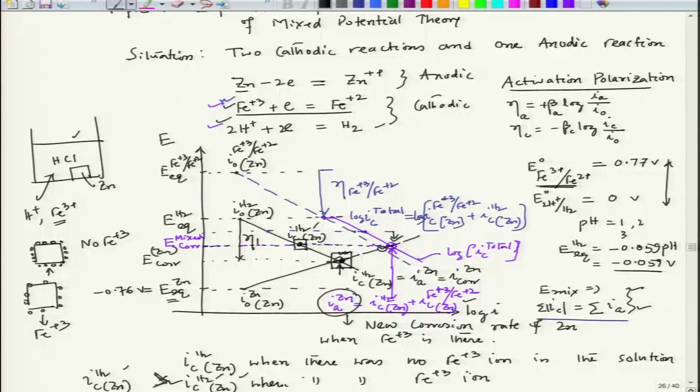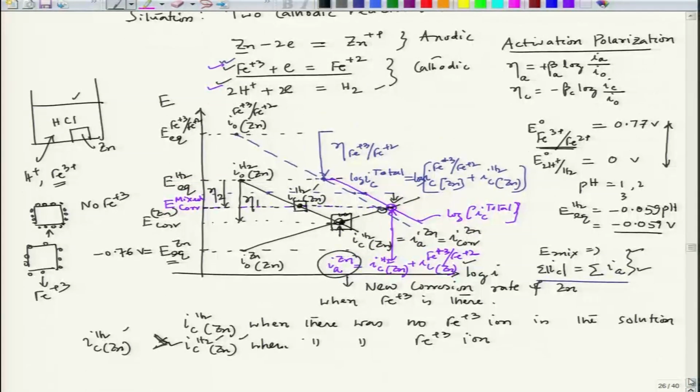Once we have added Fe+3, the overvoltage with reference to the equilibrium potential of hydrogen evolution has gone to this. So, this is η2. So, we can say that overvoltage 1 is greater than overvoltage 2.